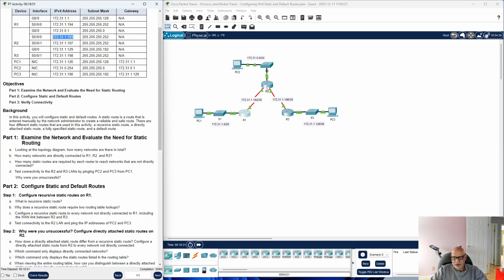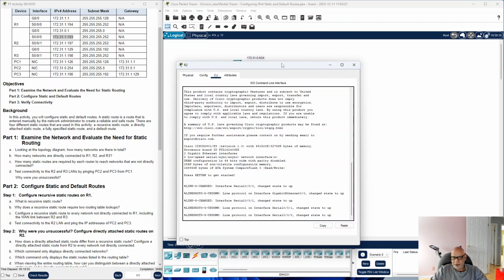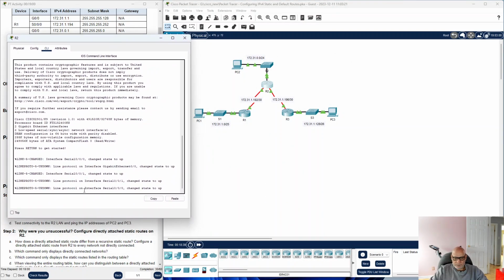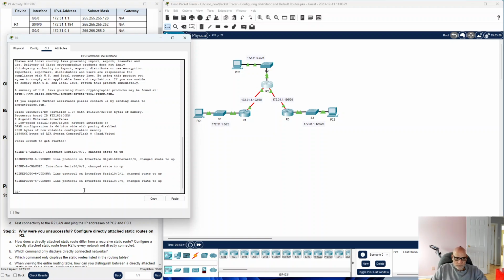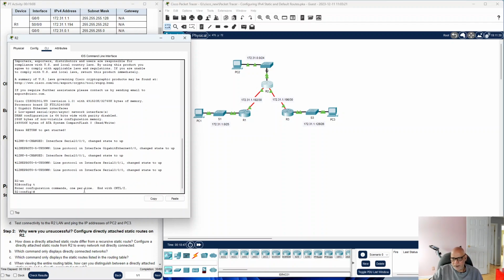All right, so let's access R2 here. Enable, config t, and the command is ip route.